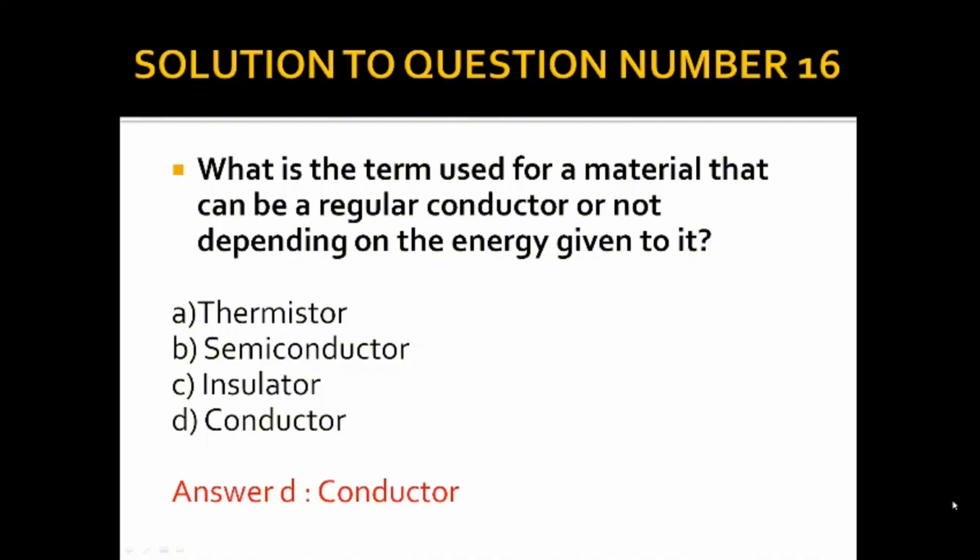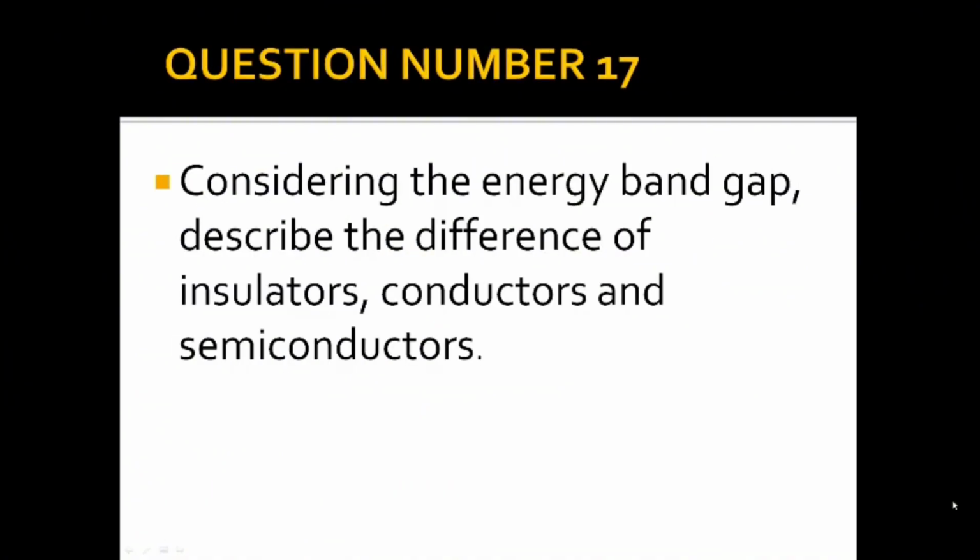Question number 17. Considering the energy band gap, describe the difference of insulators, conductors, and semiconductors. Now, this one is asking you to differentiate conductors, insulators, and semiconductors using the concept of energy band gap only.